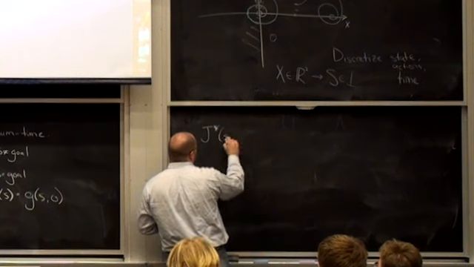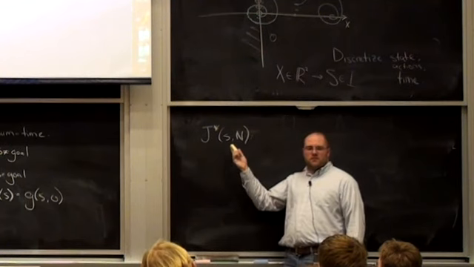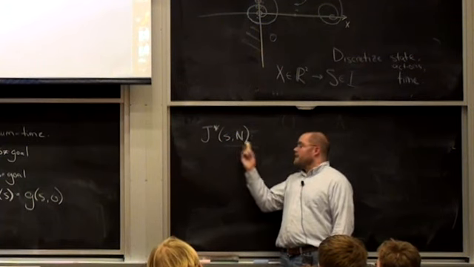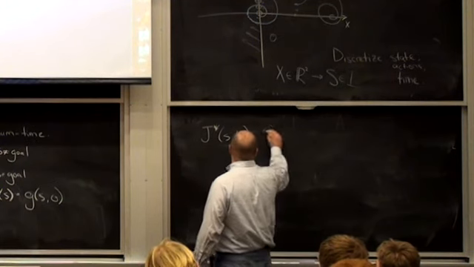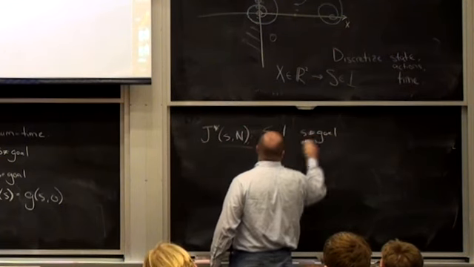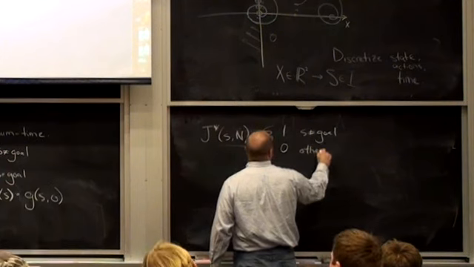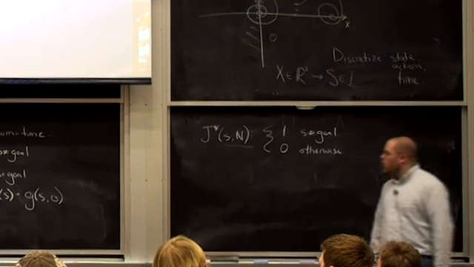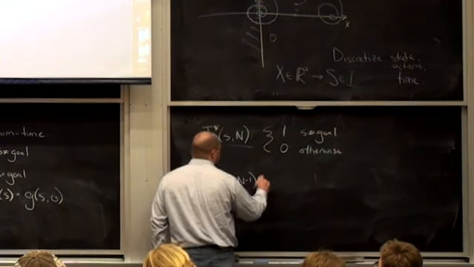My optimal cost to go, given I'm in some state and it's time n. This is a function over s, and I'm at time n, and what is that function? Well, if I'm not in the goal, it's the same as g, or h in this case. What does J star of s at n minus 1 look like?